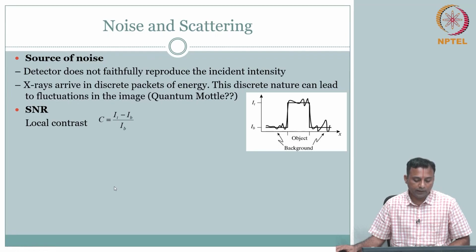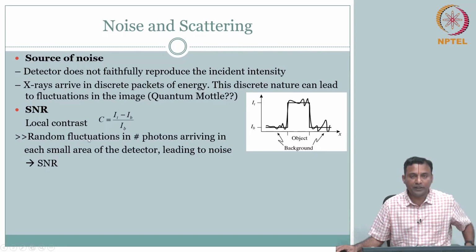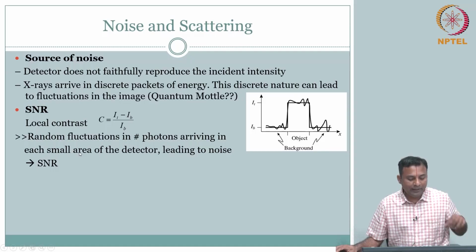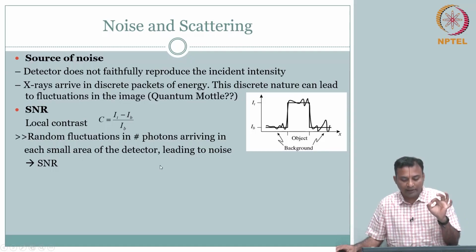Now the question is, what is my noise? Noise is just a fluctuation in the background, or the standard deviation, square root of variance. Random fluctuations in the number of photons arriving in each small area of the detector lead to noise, right?